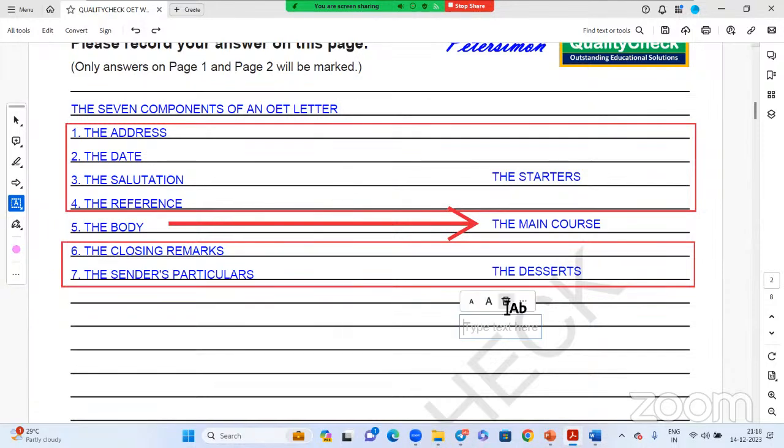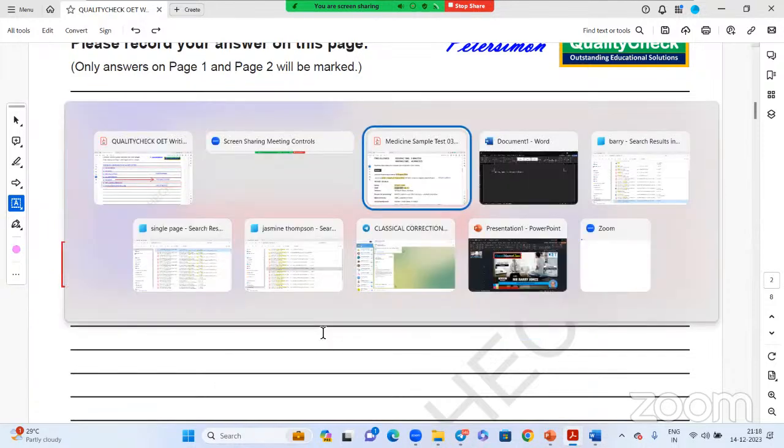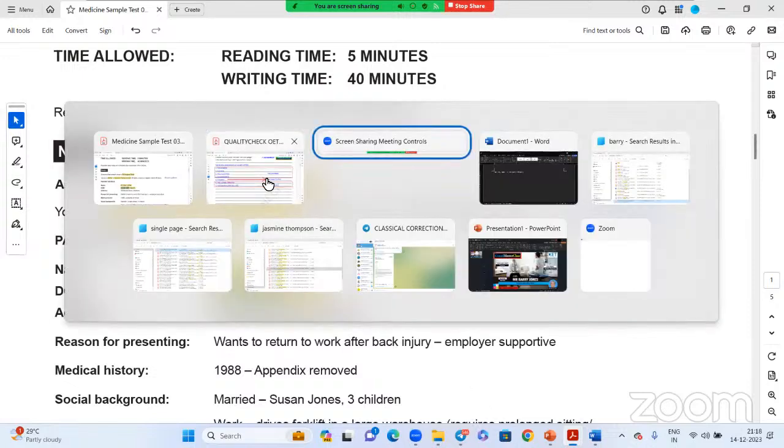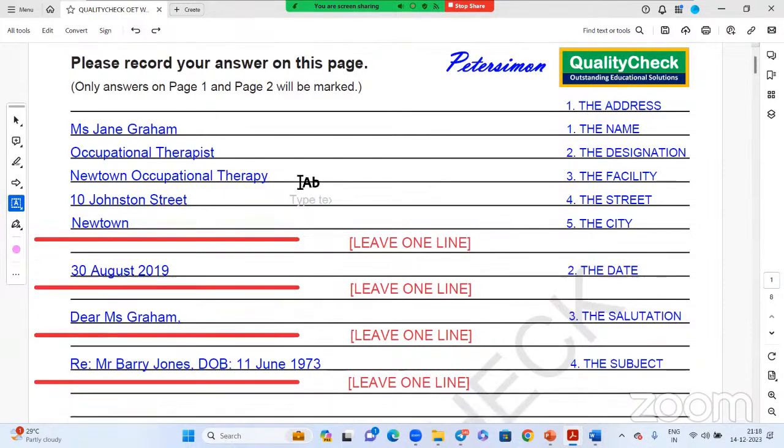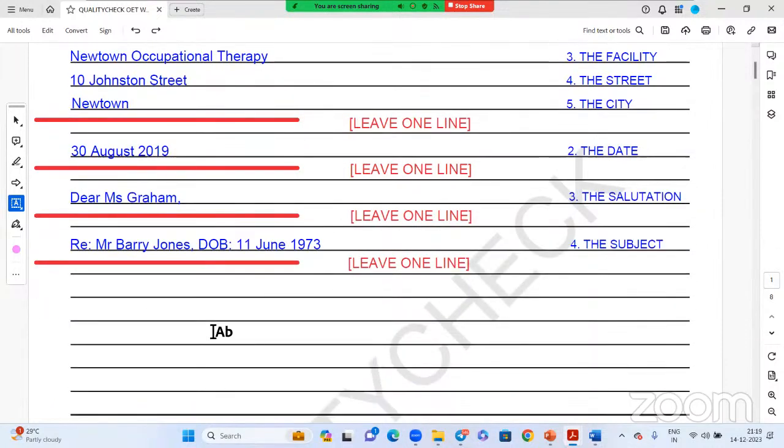Right. So far, so good. Now we are entering into the main area. So here, this is the main body, the body of the letter. The main course, that is the body of the letter.